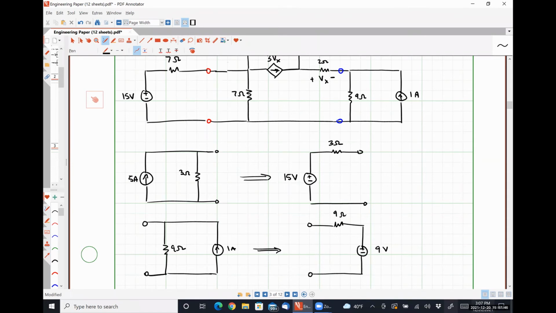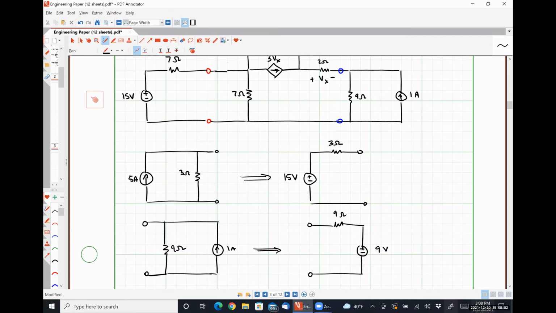Does it matter if I switch the position of the voltage source and the resistor? No, not at all. When two elements are in series, they're interchangeable. When two elements are in parallel, they're interchangeable.